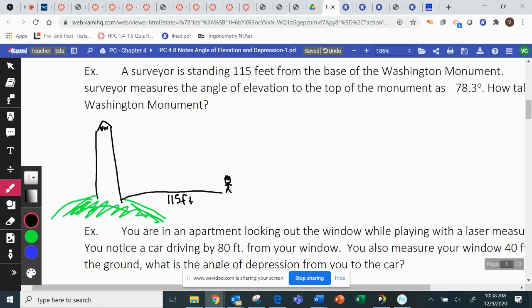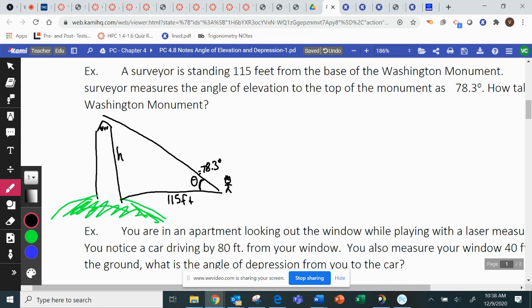The surveyor has some equipment that measures to the top of the tower. We have an angle of elevation that is 78.3 degrees. We need to know how tall is the Washington Monument.